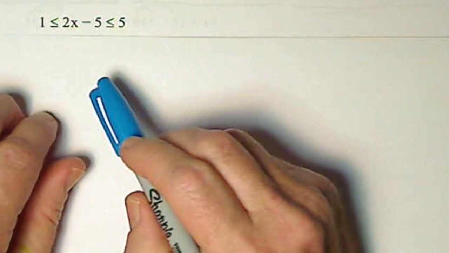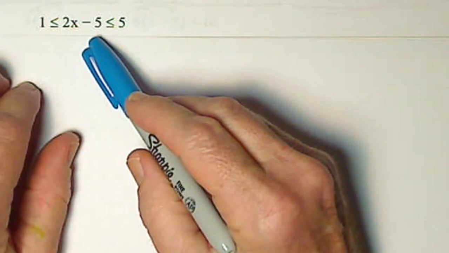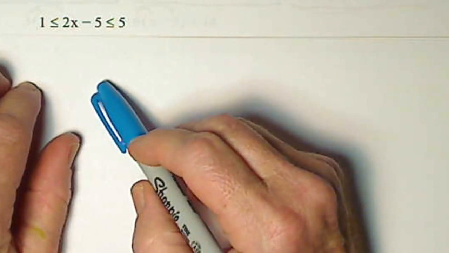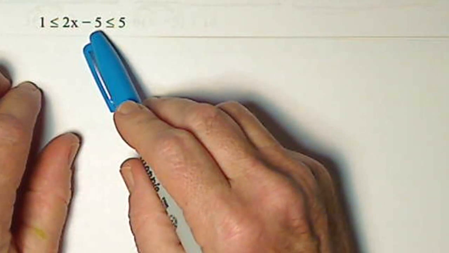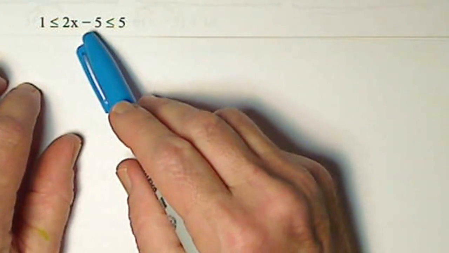Just as with the algebra problems, you decide what you want to get rid of, and then you use the opposite. You decide how it's held there, and you use the opposite operation to get rid of it. I want x all by itself. I want to get rid of that -5. I want to get rid of the 2. As usual, it's best to get rid of something being added or subtracted first.